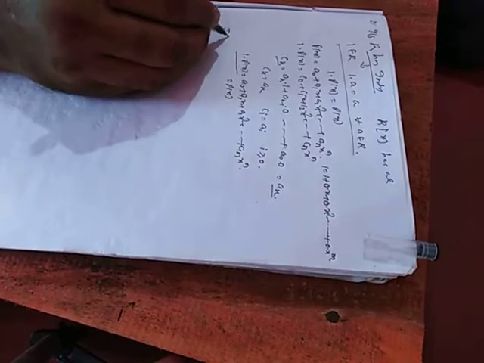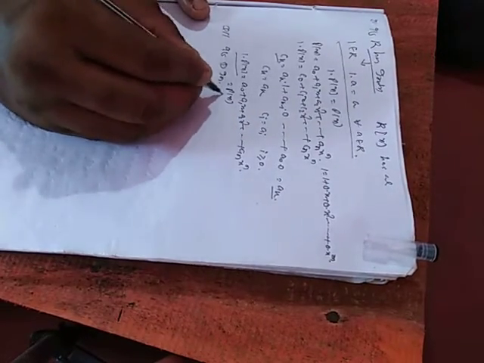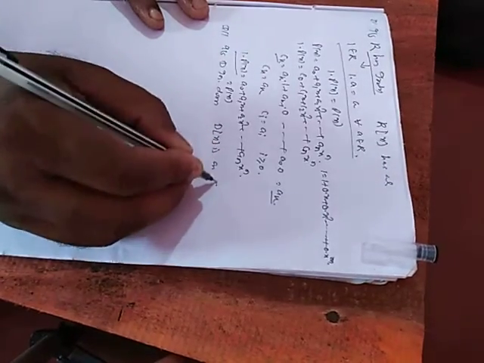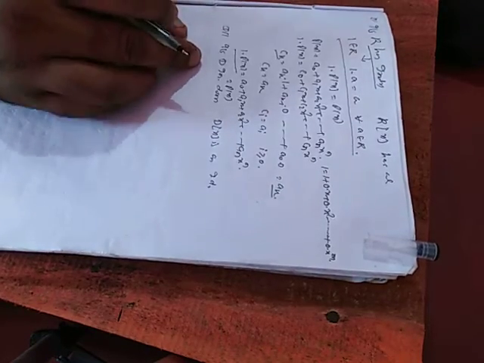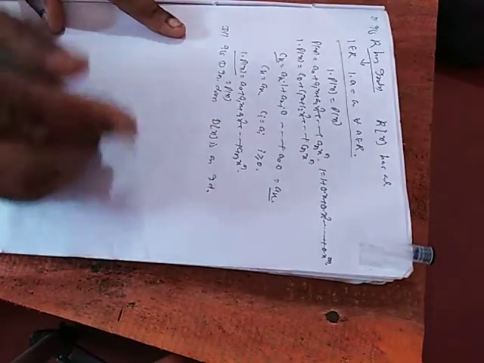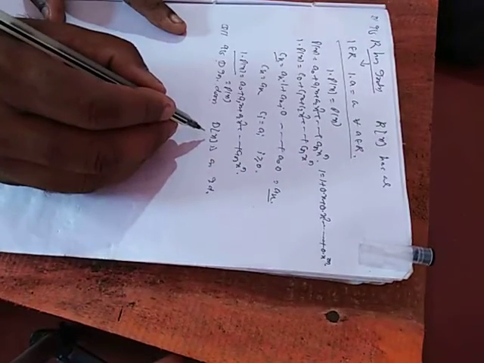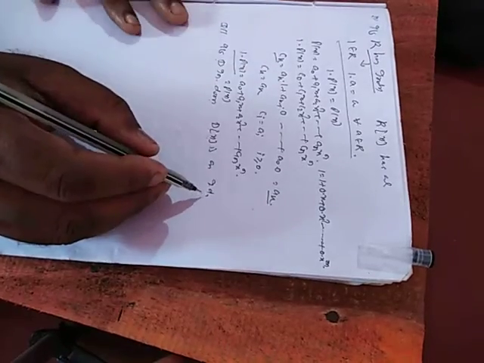Next question. Another question: if D is an integral domain, then D[x] is an integral domain. We are discussing rings and the polynomial ring. If D is an integral domain, we have to prove that D[x], the polynomial ring, is an integral domain.